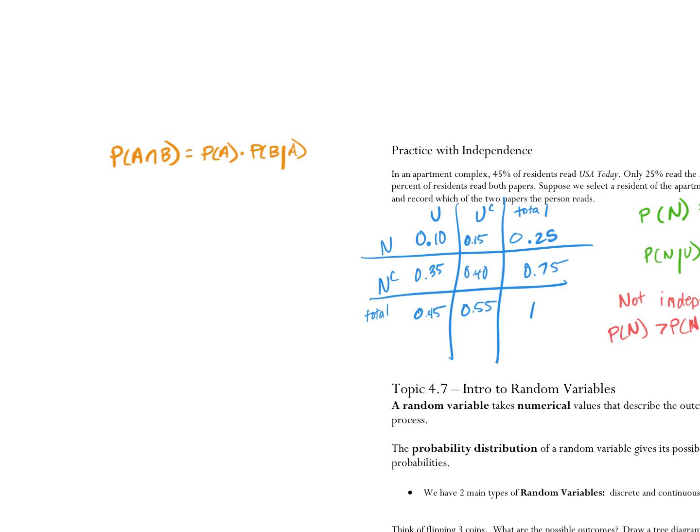Okay. Well, if the two events are independent, so this next part only applies if independent, the probability of A and B would equal the probability of A times the probability of B. Well, if they're independent, B given A is equivalent to just B on its own.